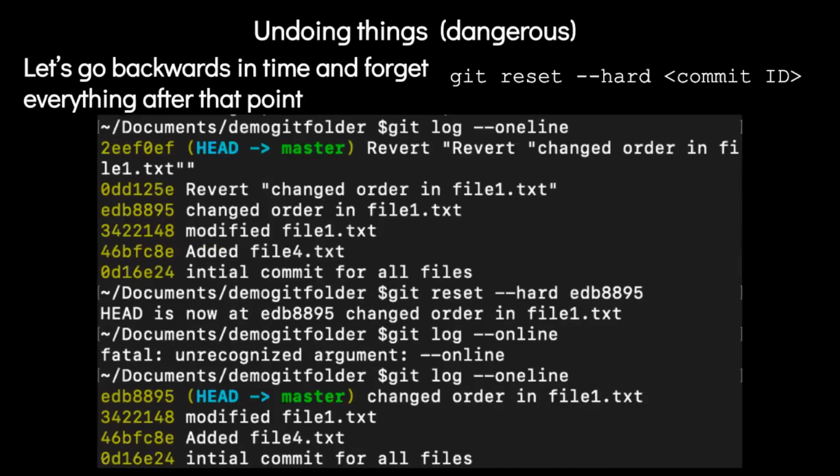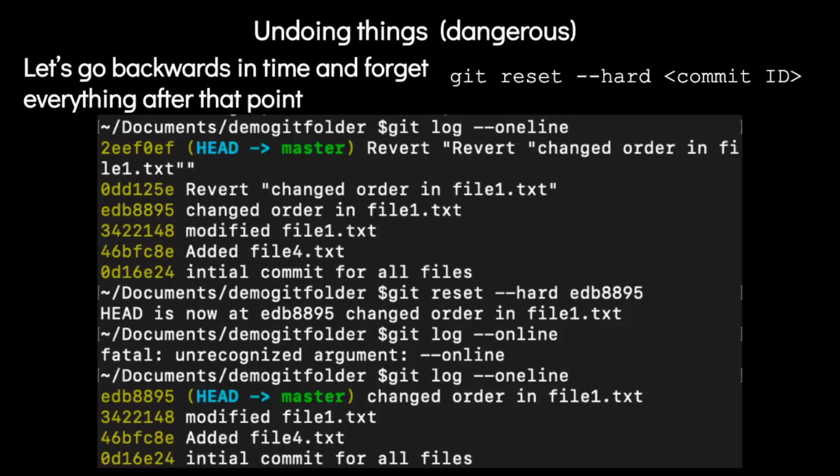It's pretty handy. But where it really comes in super handy is if you have made a lot of reverts or a lot of little changes over time and realize, wow, I've gone down a really bad path. I have 5 or 10 commits that are just junk and I just need to get rid of them. Git reset hard, and then the commit ID, will get rid of all of the changes past the point where you go ahead and point HEAD there.